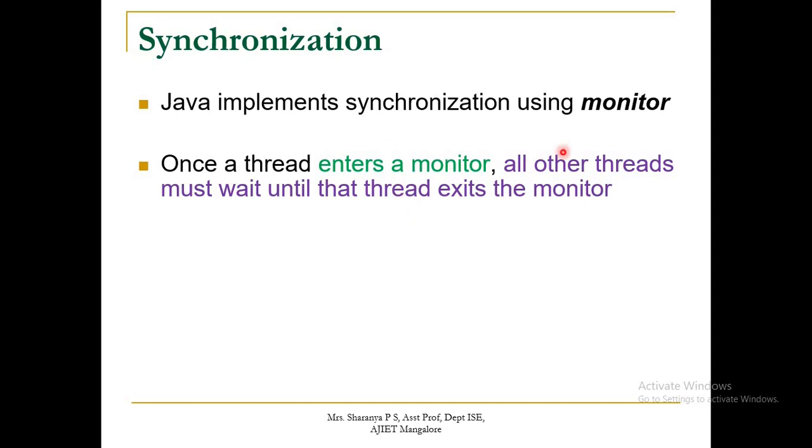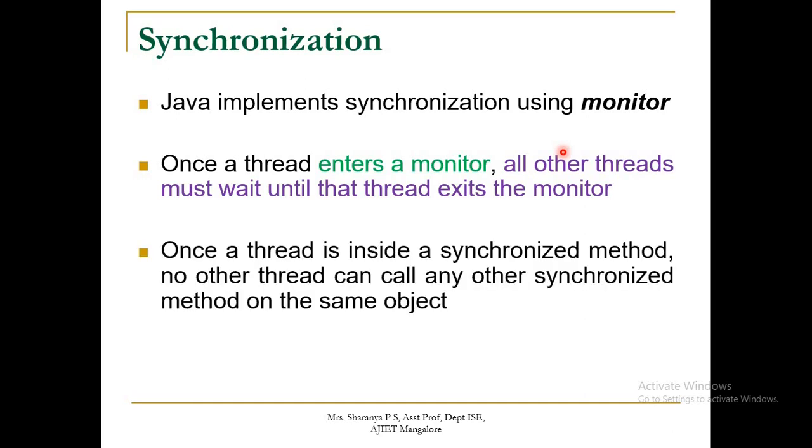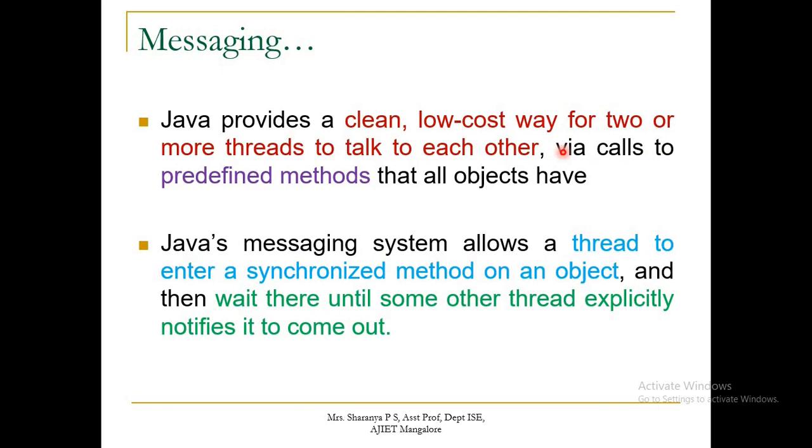In this way, a monitor can be used to protect shared assets from being manipulated by more than one thread at a time. As in the earlier example, any file can be secured this way. Each object in Java is associated with a monitor, which a thread can lock and unlock. Once a thread is inside the synchronized method, no other thread can enter it.